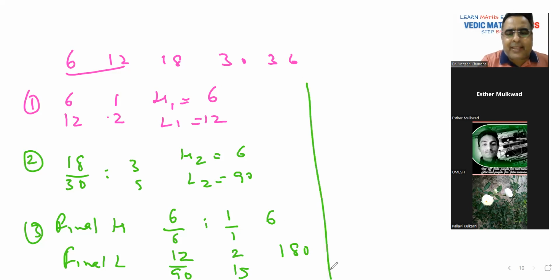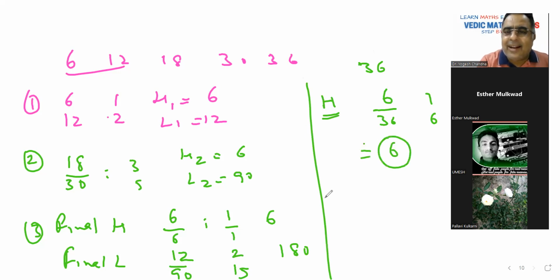अब लास्ट नंबर ले लेते हैं 36. लास्ट नंबर 36 को भी ऐड करना है. So final H, 6 and 36, 1/6. So कितना आया? 6 only. And L, 180 and 36.